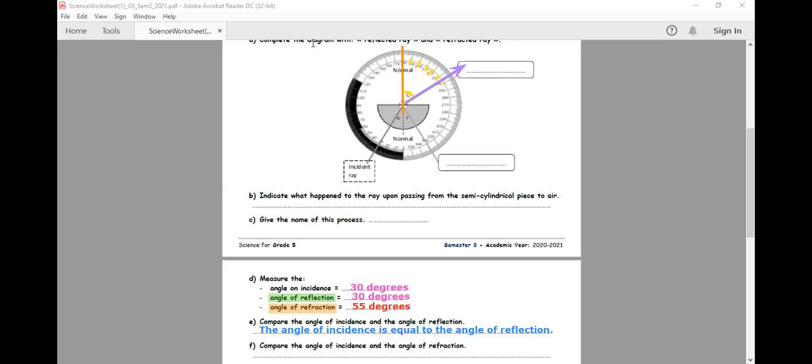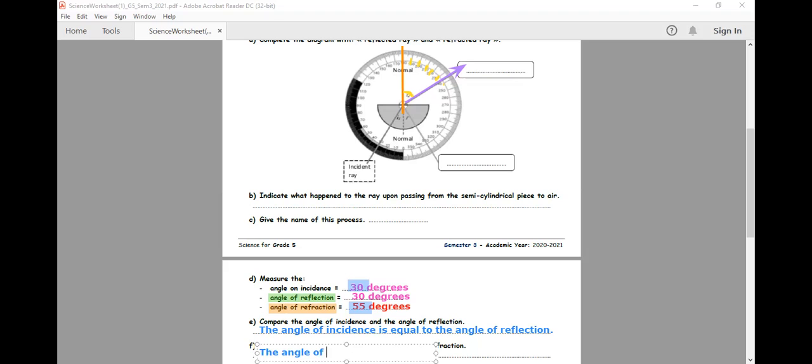Look هلا, now at the angle of incidence مع the angle of refraction. Compare them. It is not equal. It is different.